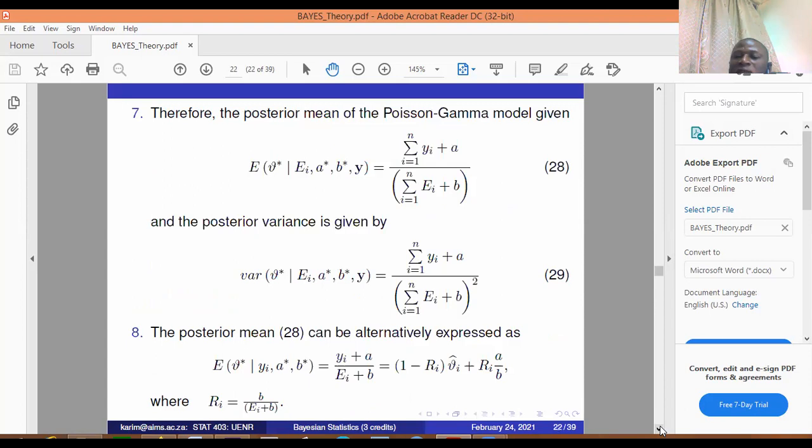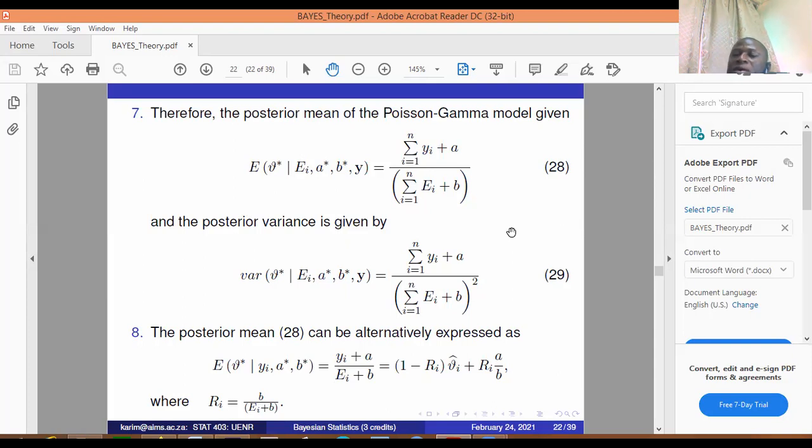Now the question is, remember in the previous slide, what is the expected formula for the parameter estimates? If you remember, the expected value for the parameter is alpha divided by beta when we consider the Poisson gamma.